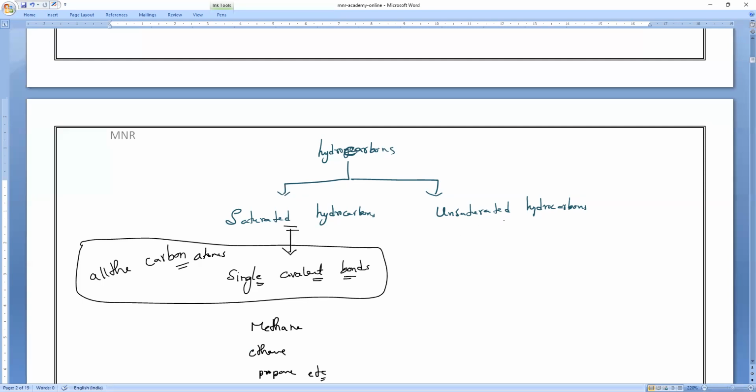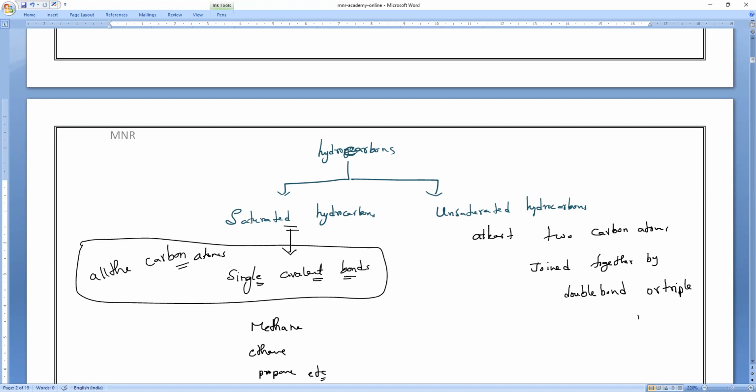Okay. So unsaturated hydrocarbons. You can remember two things: at least two carbon atoms joined together by a double bond or a triple bond.